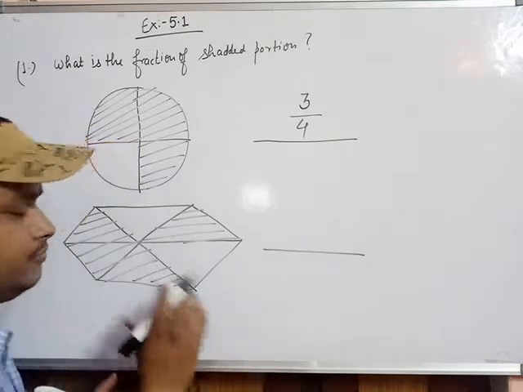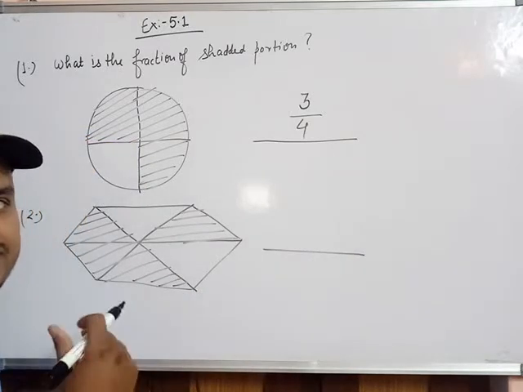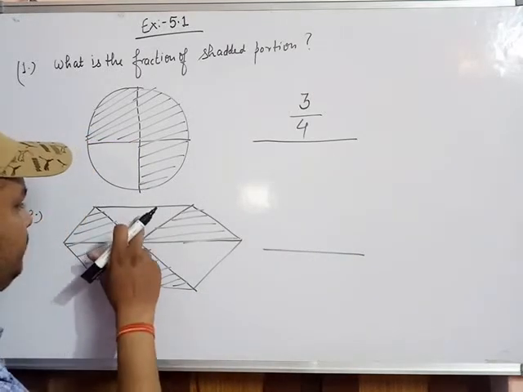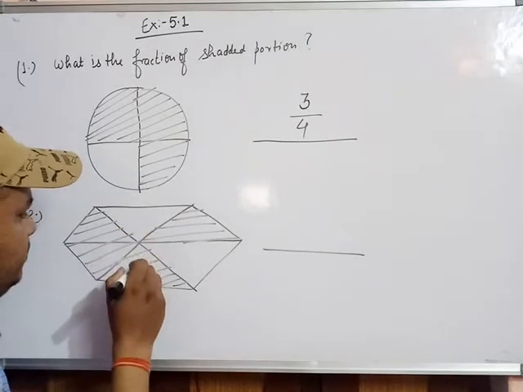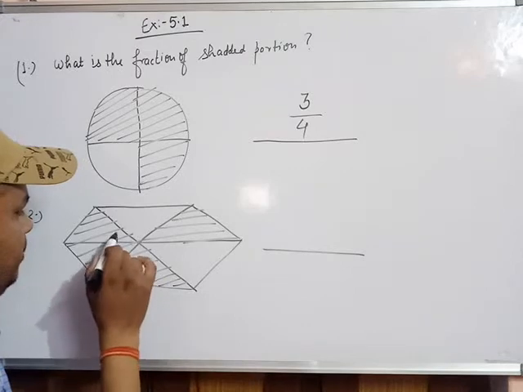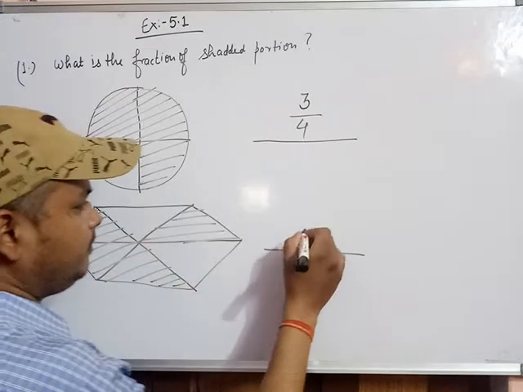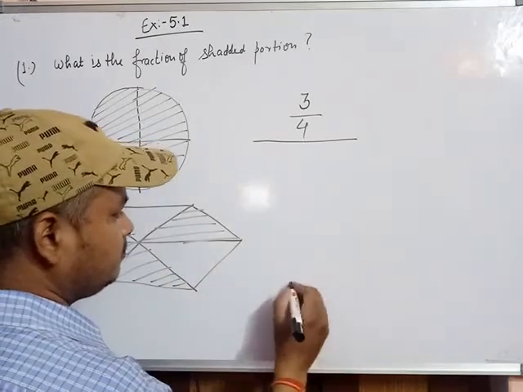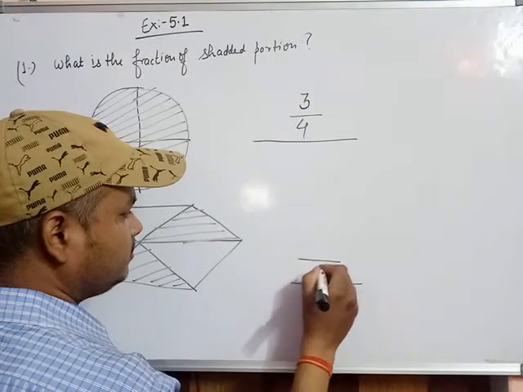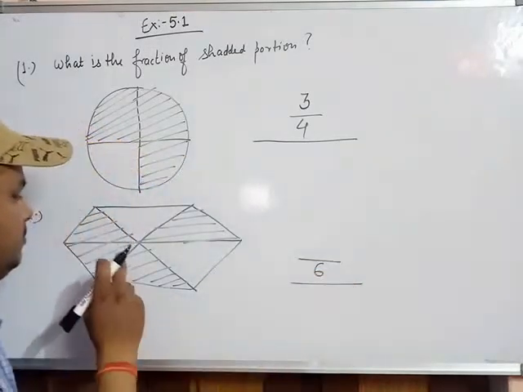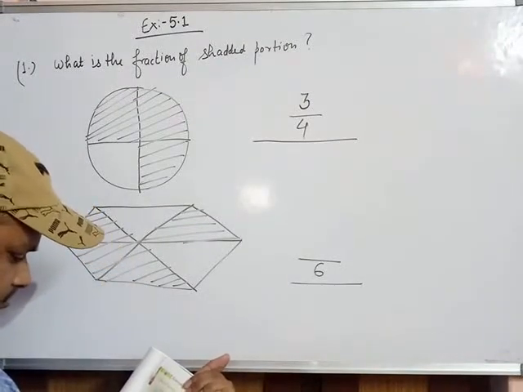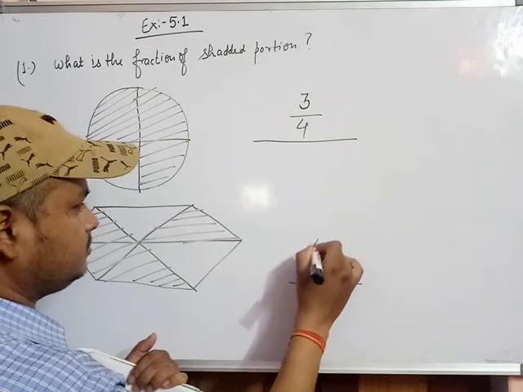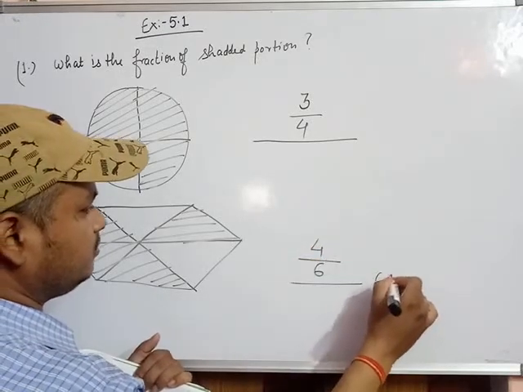First of all, you have to count the number of parts. Here, first, second, third, fourth, 5, 6. The total number of parts is 6, and the number of shaded parts is 1, 2, 3, 4. So 4 upon 6. This is the answer.